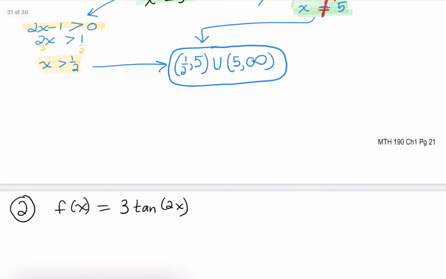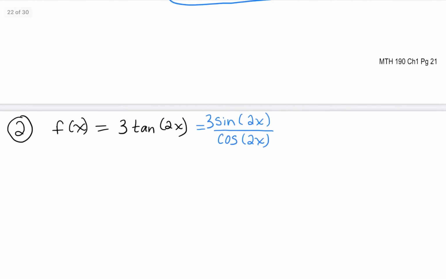So what I want you to remember is, in general, when you're talking about trig functions, sine and cosine are continuous everywhere. But when you get into tangent, cotangent, secant, and cosecant, those are functions that really do have hidden denominators. We have to rewrite them as their quotients or reciprocals, but they do have denominators.